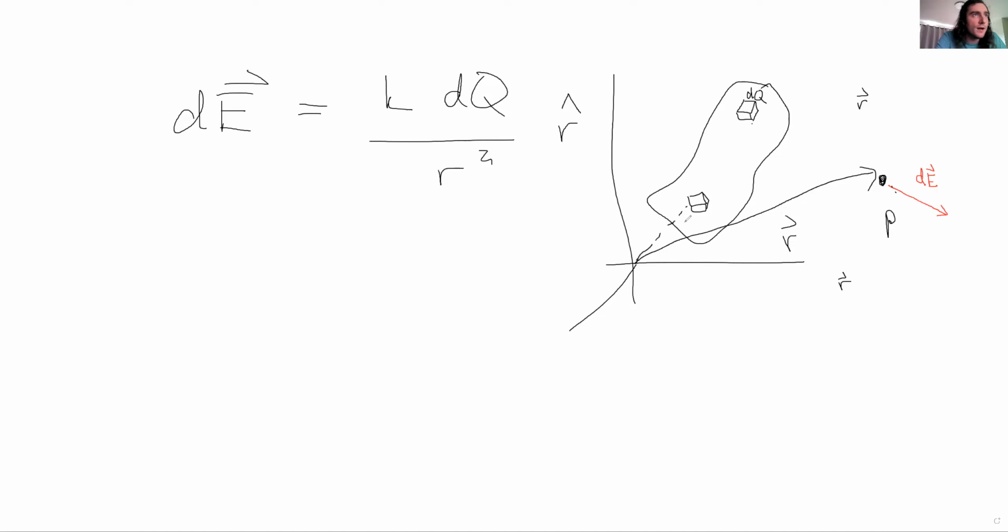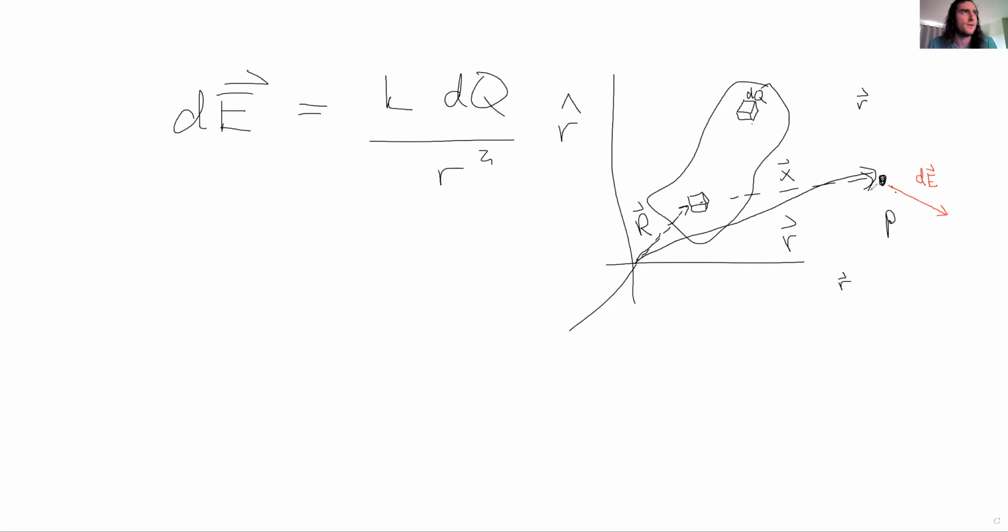Then this other vector here, we'll call a capital R. Capital R only ranges inside the volume here, and then this vector right here we can call x.